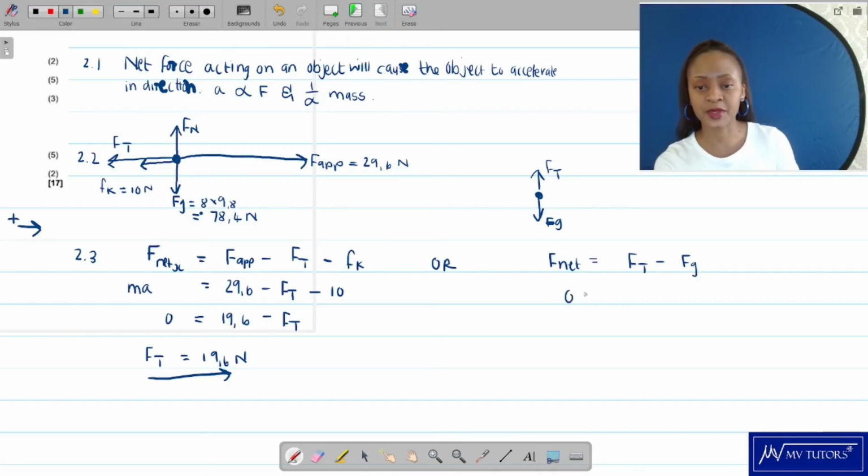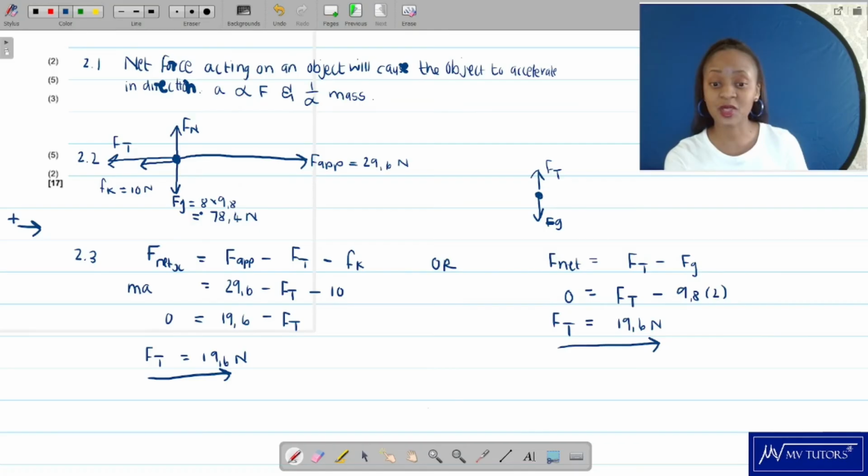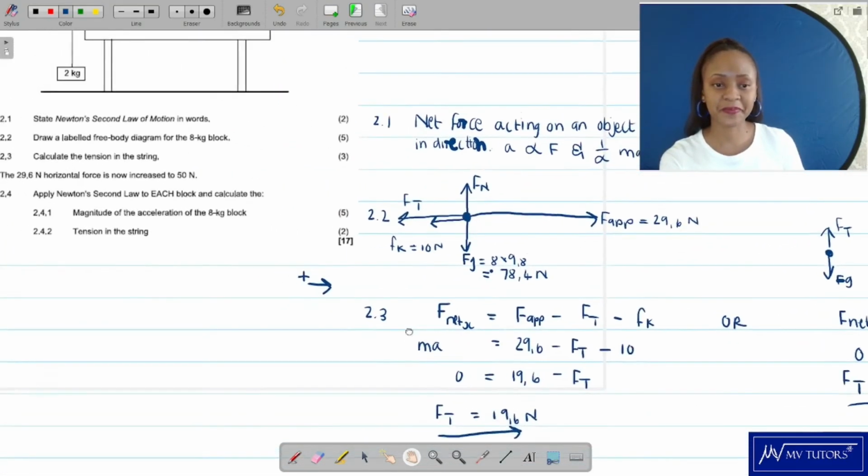The net force will be 0 because of constant velocity. The tension force is what you're looking for, and the force of gravity is 9.8 times 2. 9.8 times 2 is 19.6. Taking the force of tension to that side, again you get the same answer, 19.6. So you have options. You're not limited to one way of doing it.